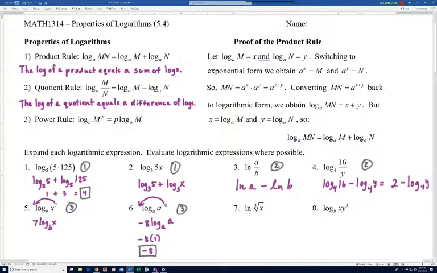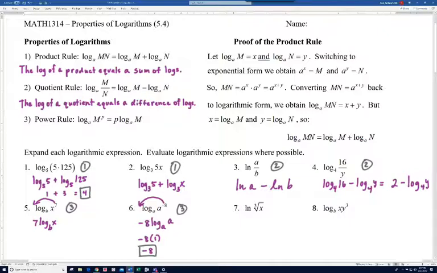All right, so on number 7, the first thing I'm seeing here is we have the log of the cube root of x, and if you look at our properties up here, I don't see any roots. So we're going to have to do something here. Well, hopefully you recall that the square root of x is x to the 1/2 power. In this case, we have the cube root of x.